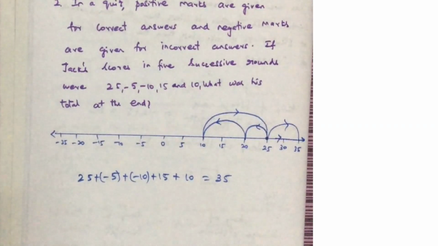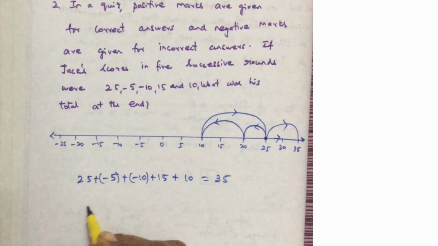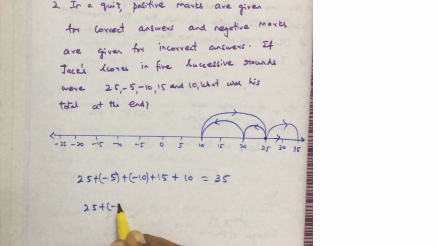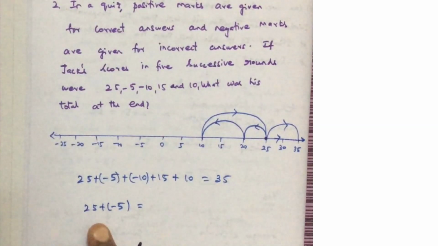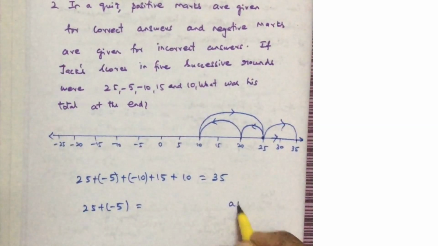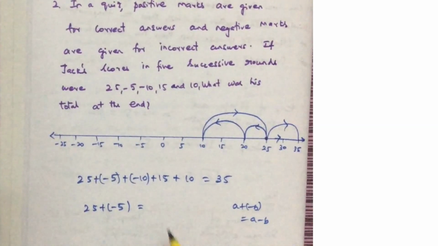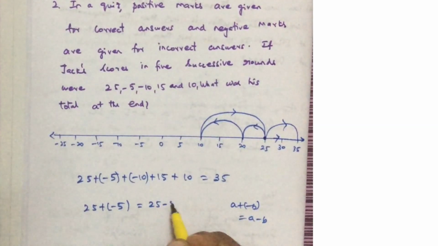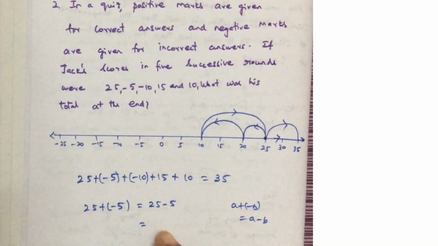Another way of solving is without using the number line. First we will solve one by one. What is 25 plus -5? Here a plus of minus b is a minus b. That is 25 minus 5. When the symbols are different, you have to subtract and put the sign of the greater number. So this is 20.